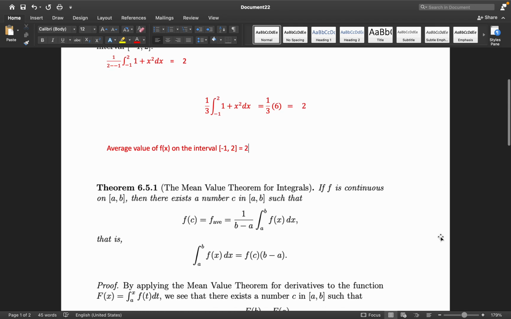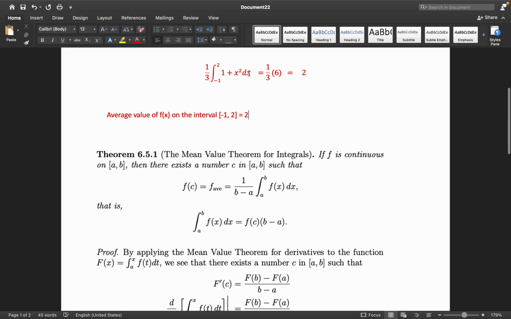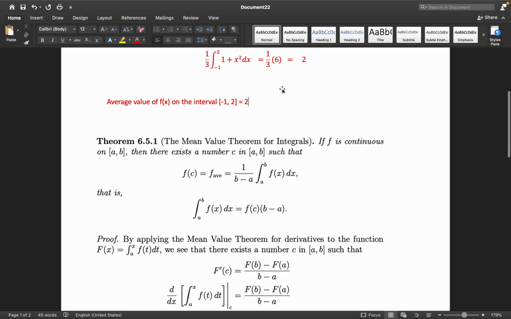And the mean value theorem for integrals says that as long as this is continuous on that interval, which it is, there should be some x value such that if I find x, f of x is going to equal, in our case, 2.